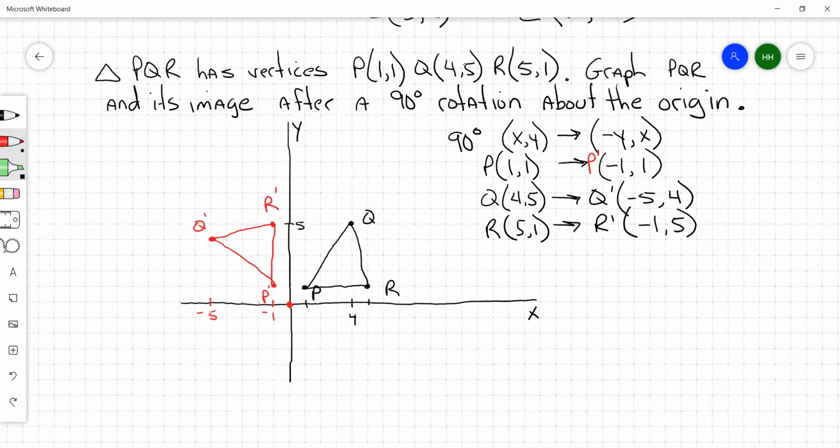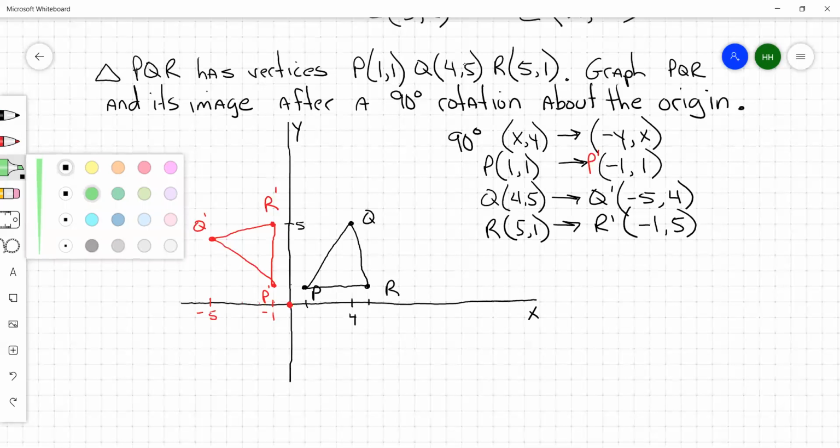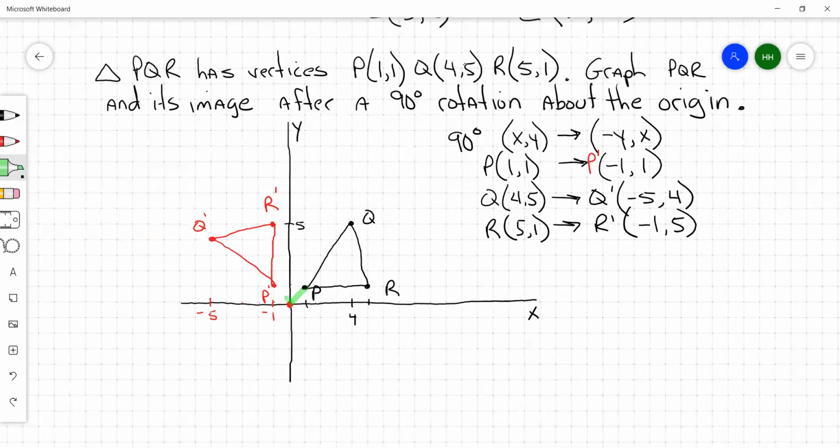If you drew a segment from P to the origin to P prime, what's that going to measure? It's going to measure 90 degrees, isn't it? All right. From every pre-image point to its corresponding point, same distance away, 90-degree measure.